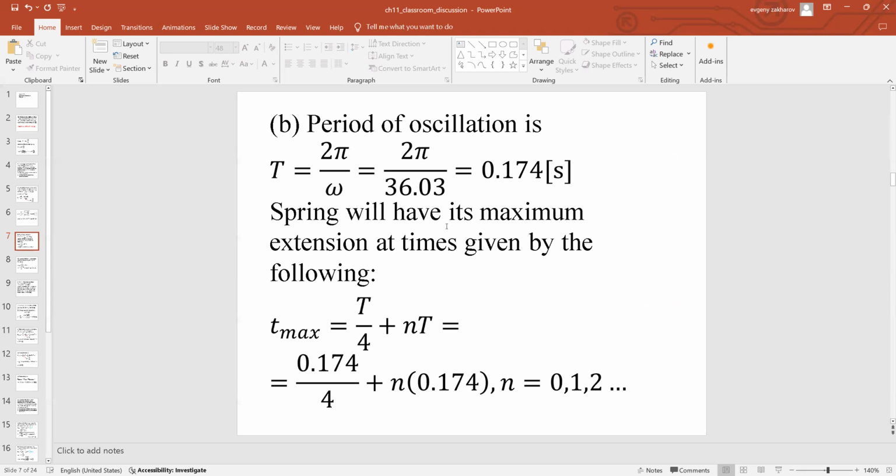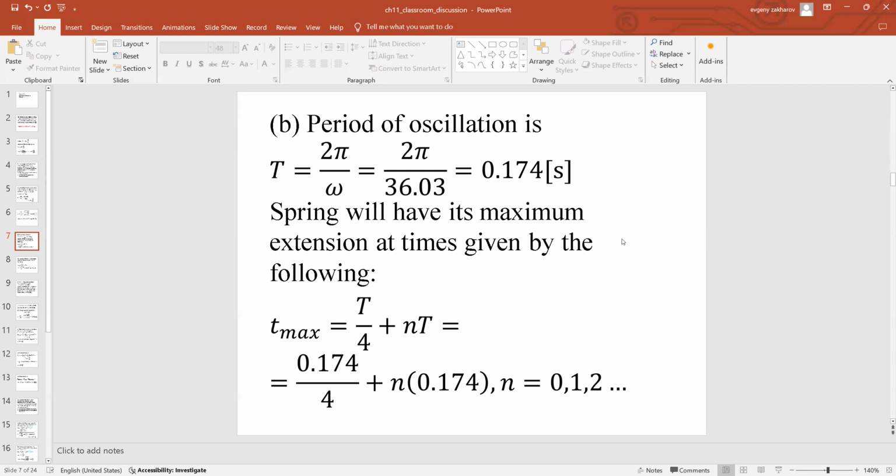We know that if we start from equilibrium, then a quarter of a period further in time, we'll hit one of those maximums or minimums. And then 2 quarters, we're going to go back to equilibrium. And then 3 quarters, we're going to go to the opposite side.